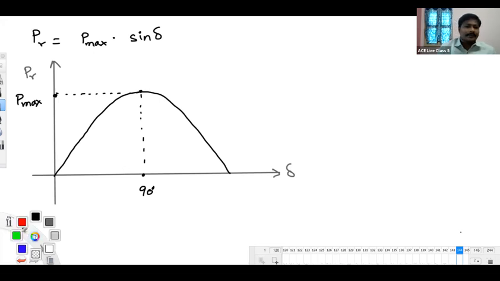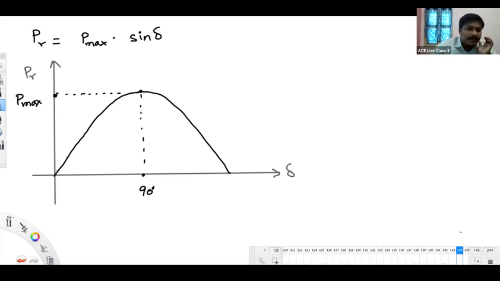Okay, next thing. Just have a look here. See, when the system is stable and when it is unstable, these points we have discussed earlier also. If the operating point lies in the positive slope region of the power angle curve, then we can say the system is stable.